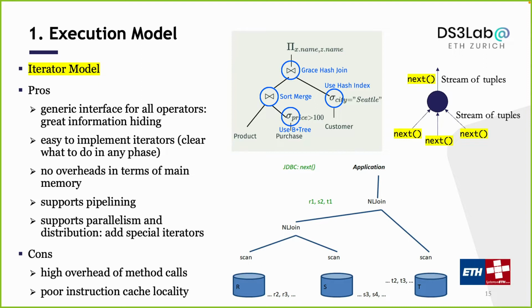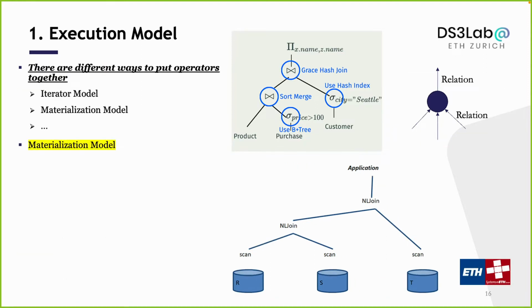Another extreme of putting them together is what people call the materialization model. The high-level idea is that instead of treating each physical operator as a function that maps a stream to a stream, I think about every single physical operator as a function that maps a relation, a whole bunch of relations, to a relation.